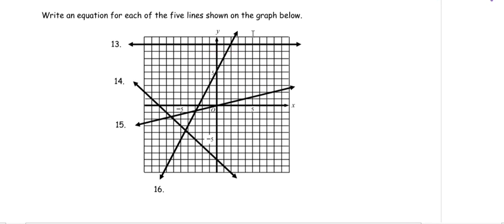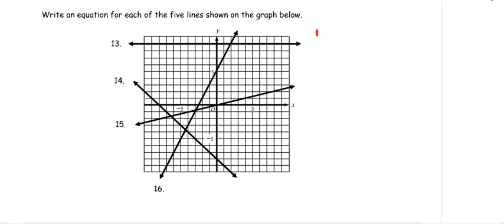I'm going to write it here because I can see it better. The y-intercept for 13 is 1, 2, 3, 4, 5, 6, 7, 8, 9. And your slope, it doesn't go up anything, so it's just 0 over 1, or 0. So your equation is y equals 9, or plus 0x.